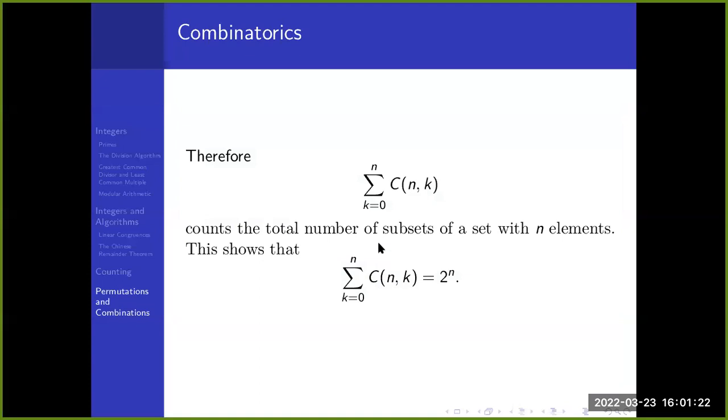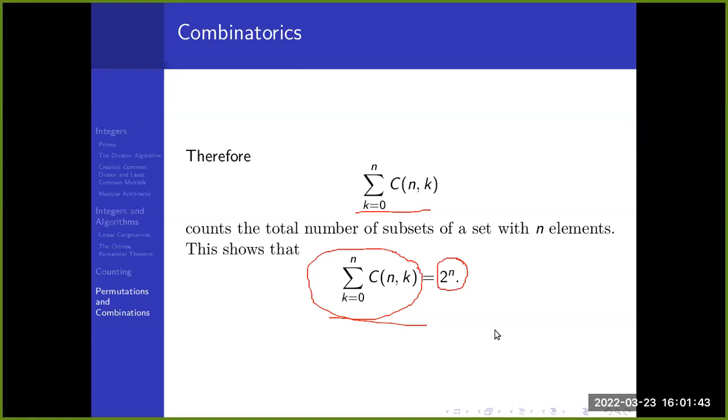So that's the final bit. We have proved that what this quantity here does is simply count the number of subsets of a set with n elements. But from our previous work, we know that the number of subsets of a set with n elements will simply be 2 raised to n.